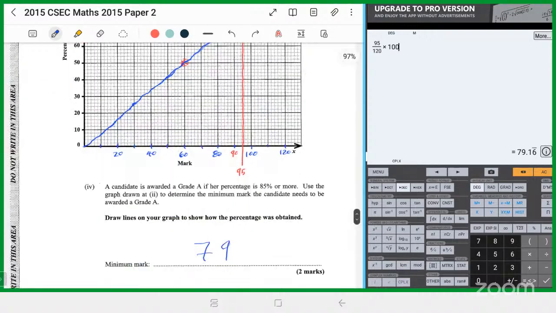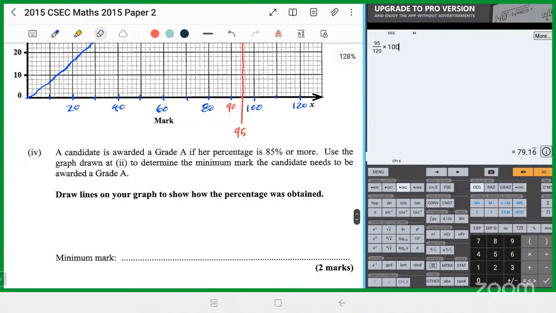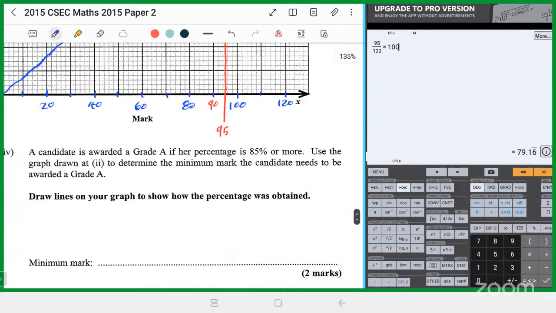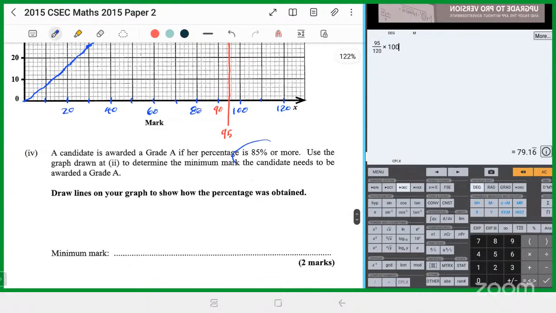Down here now there's another question. Let me rub this out. It says a candidate is awarded a grade of A if her percentage is 85% or more.